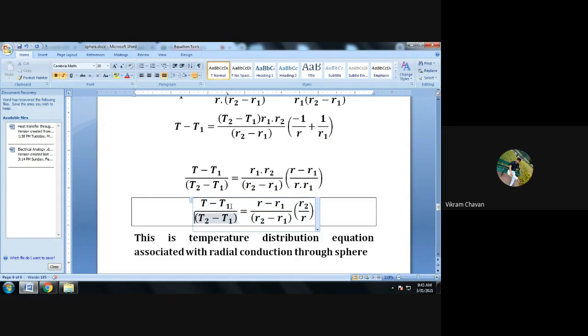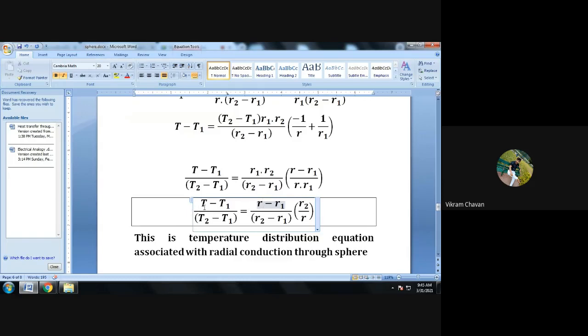If you know the sphere inside temperature T1 at radius R1 and the outside surface temperature T2 at radius R2, these are the known quantities, and we have to determine T at radius R, at any distance from the center.